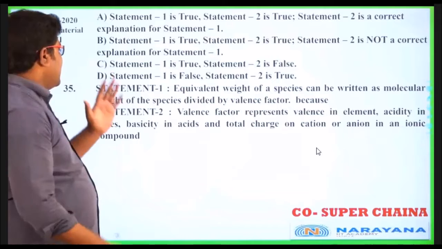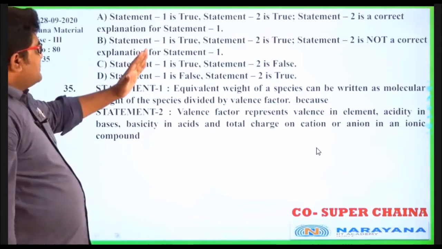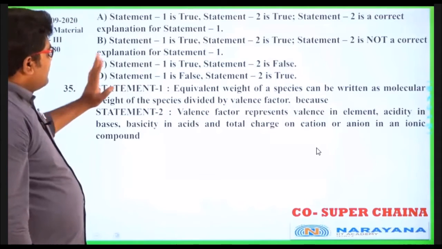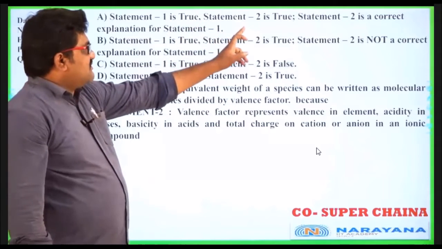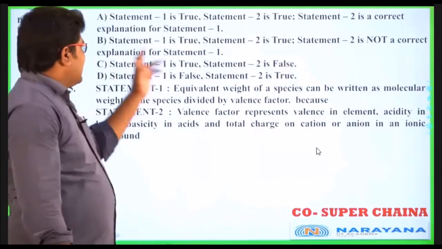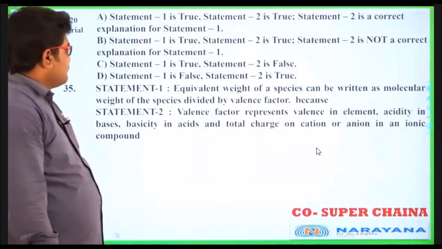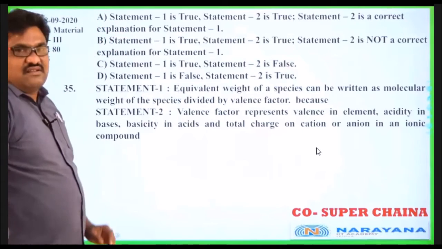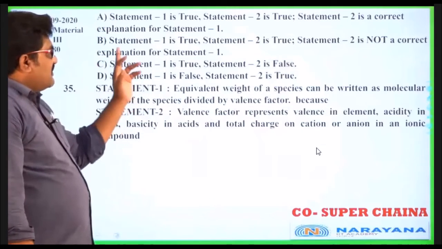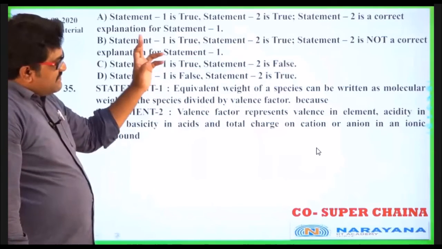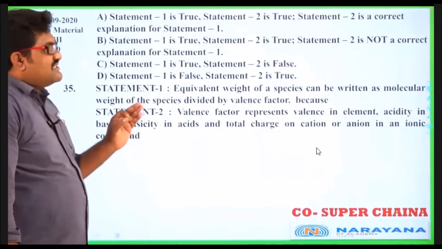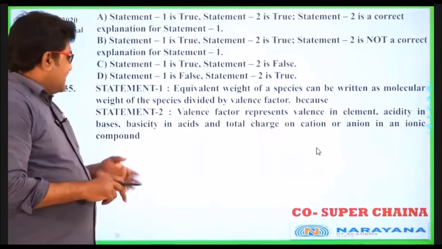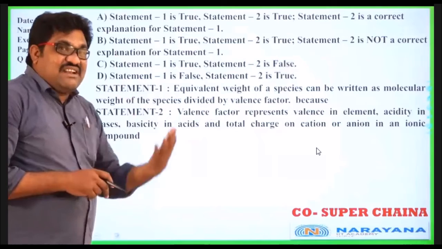Yeah, statement based question. In this type of questions, we can choose the correct option A, B, C, D. When statement 1 is true, statement 2 is true, and statement 2 is a correct explanation for statement 1, we take option A. Option B, statement 1 is true and statement 2 is true, but statement 2 is not a correct explanation of statement 1.